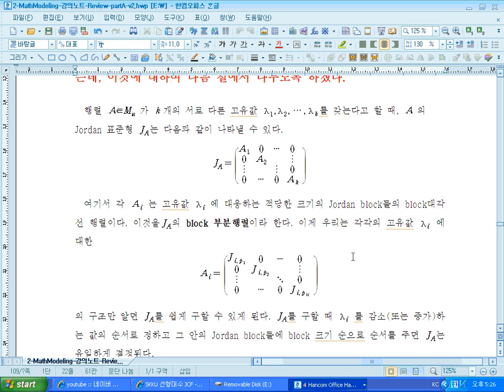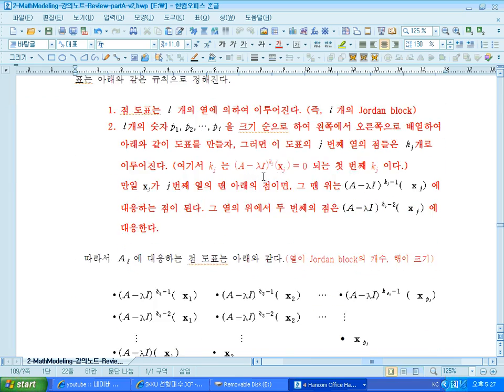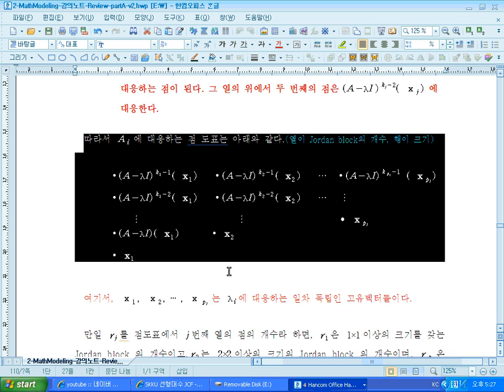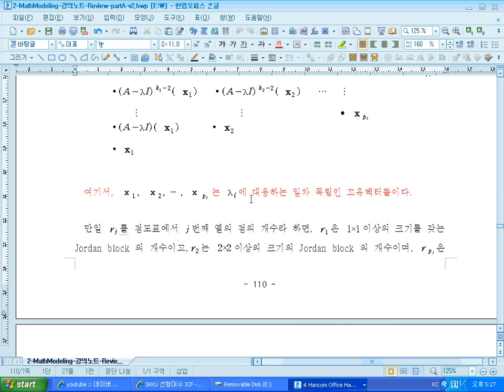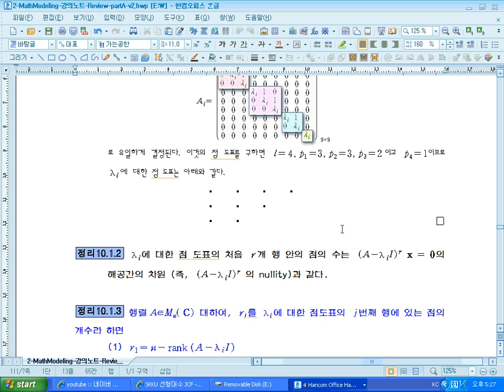The differences of those ranks give us the number of Jordan blocks of A corresponding to the eigenvalue lambda i. That gives us the dot diagram, which gives the exact number of Jordan blocks for each eigenvalue.